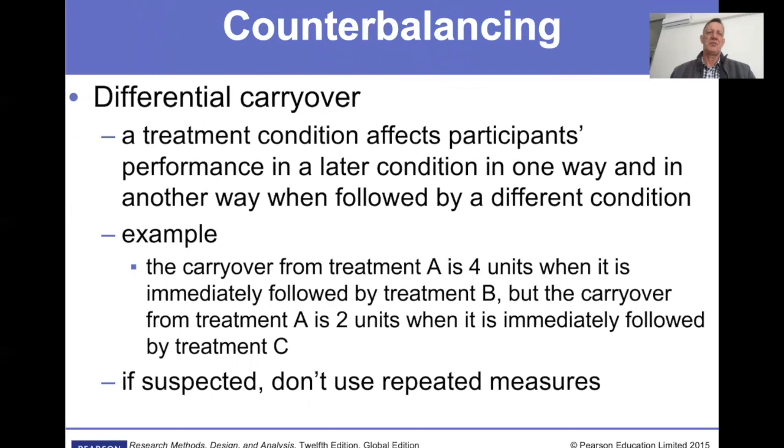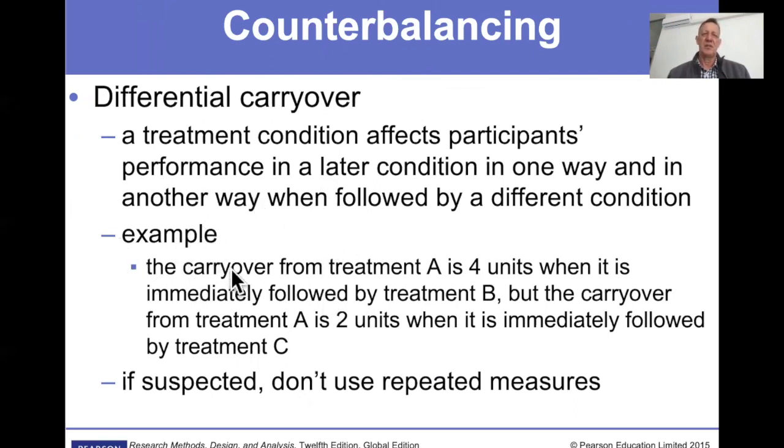Now, differential carryover. The treatment condition affects participants' performance in a later condition in one way, and another way when followed by a different condition. So it's just the order that actually has an influence.